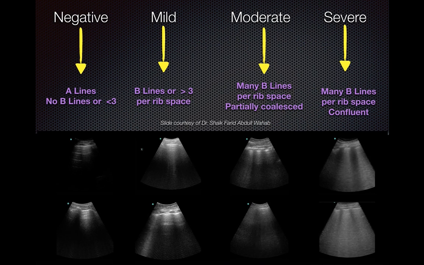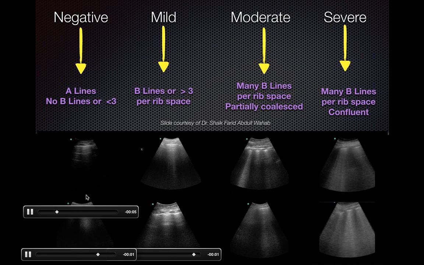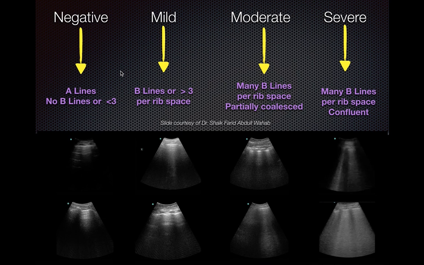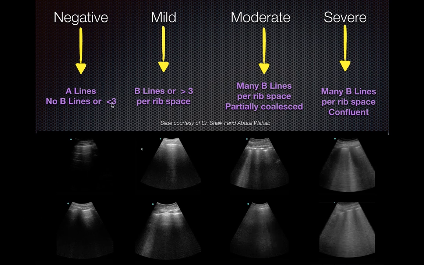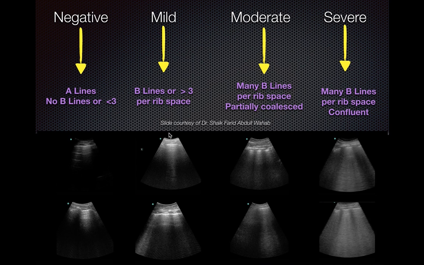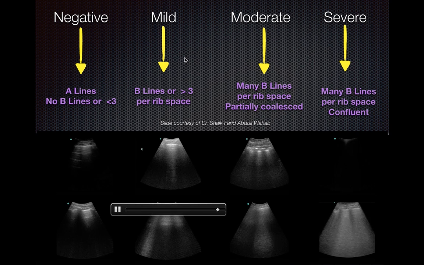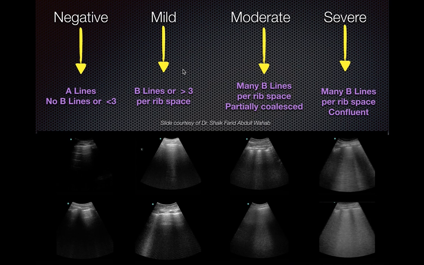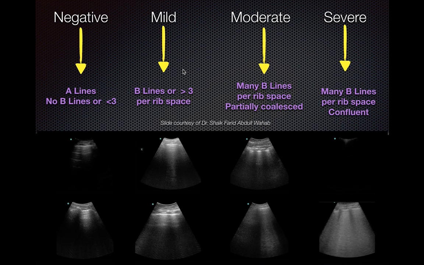The severity of your B lines can also be graded somewhat. Here we have a fairly normal looking lung on the far left-hand side of the videos. In this section underneath, you have just-pathological B lines, where you meet criteria of having more than 3.